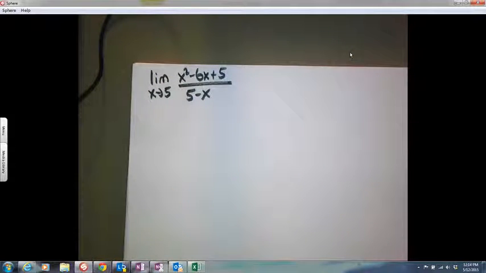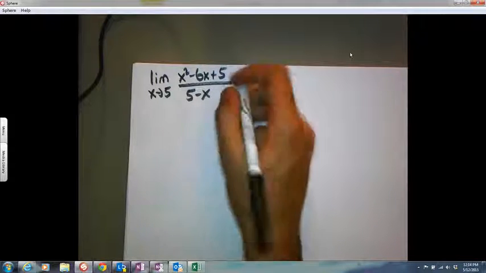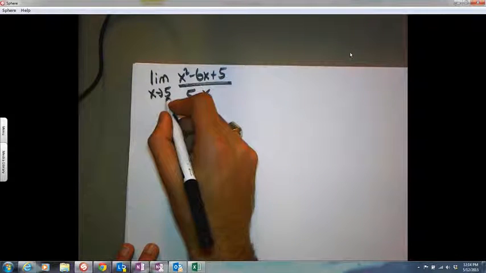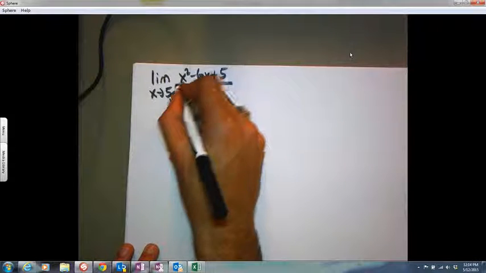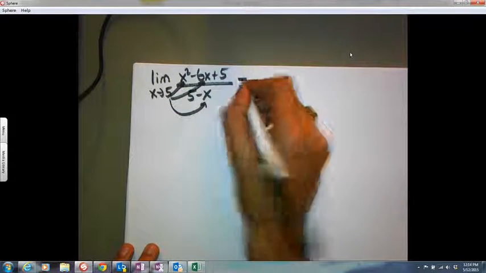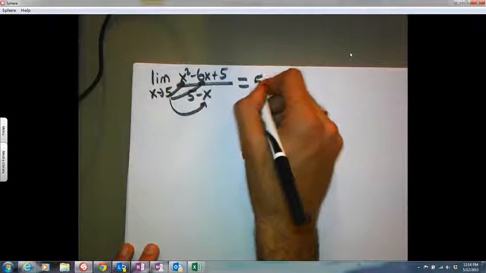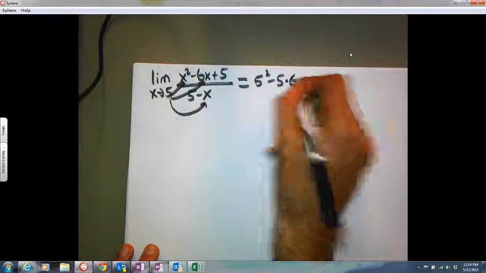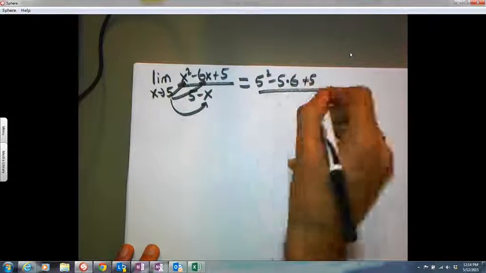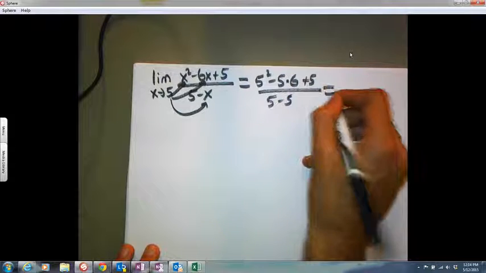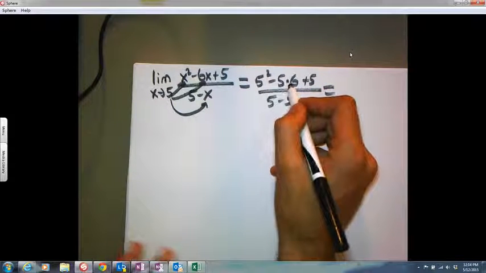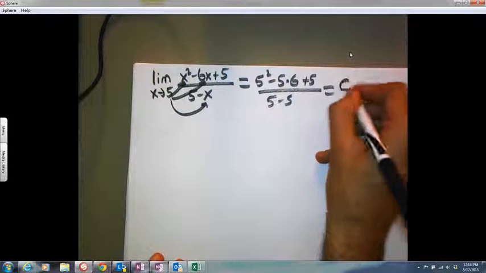Alright, so step 1 is to plug in the 5. So 5 squared minus 5 times 6 plus 5 all over 5 minus 5. 25 minus 30 is negative 5, plus 5 is 0. 5 minus 5 is also 0, so 0 over 0, indeterminate form.